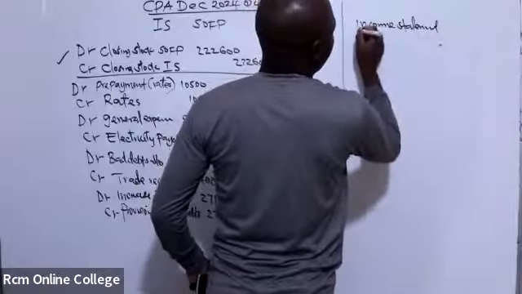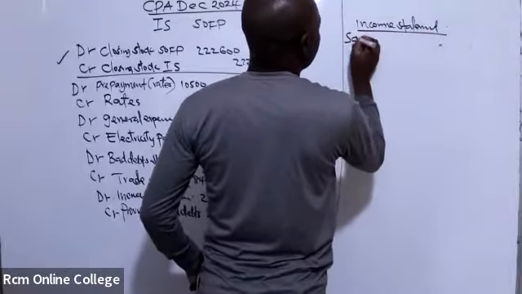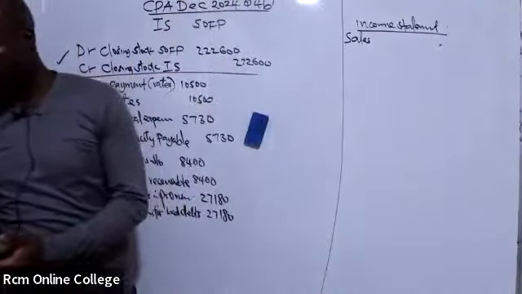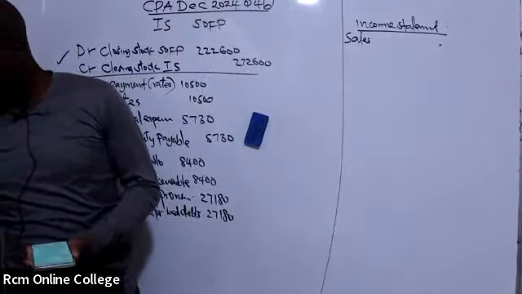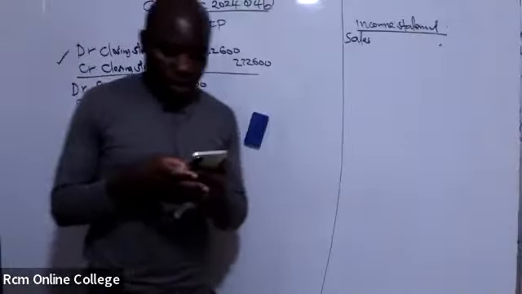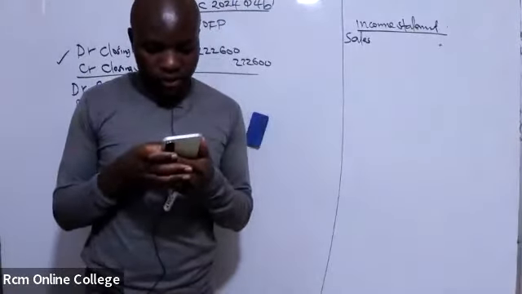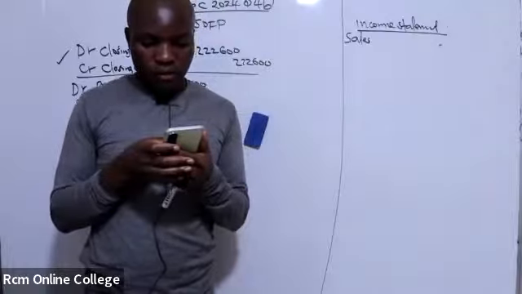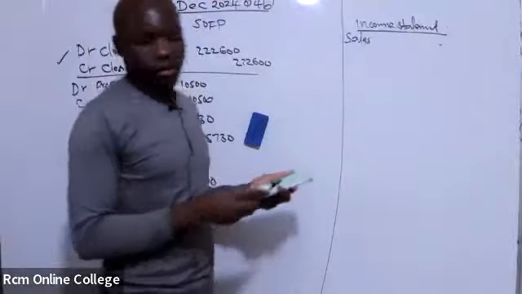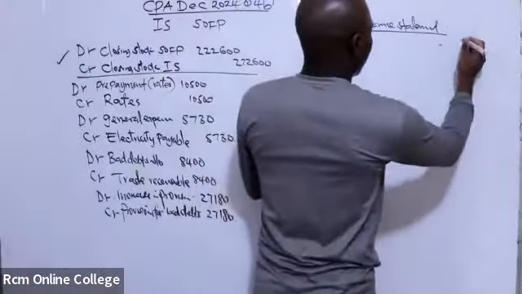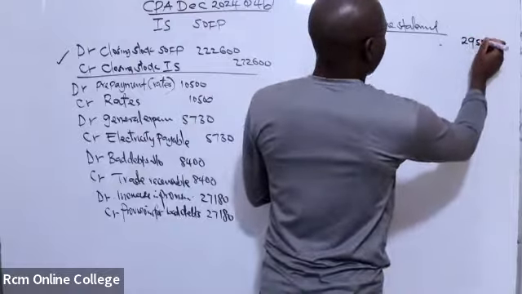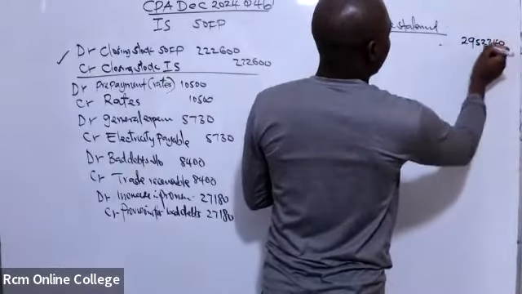Income statement. We start with sales. Do we have the sales figure? Our sales is given under information number 2, 2952 to 40.